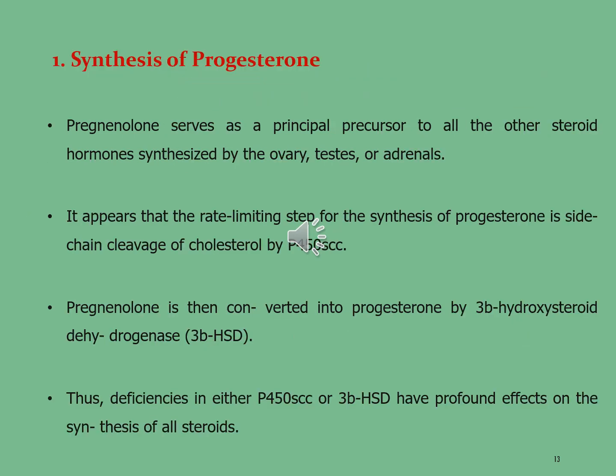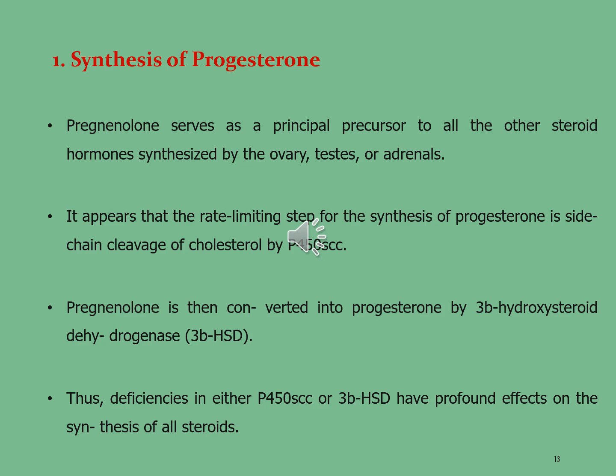Synthesis of progesterone. Pregnenolone serves as a principal precursor to all other steroid hormones synthesized by the ovary, testes, or adrenals. It appears that the rate-limiting step for the synthesis of progesterone is side chain cleavage of cholesterol by P450 SCC.